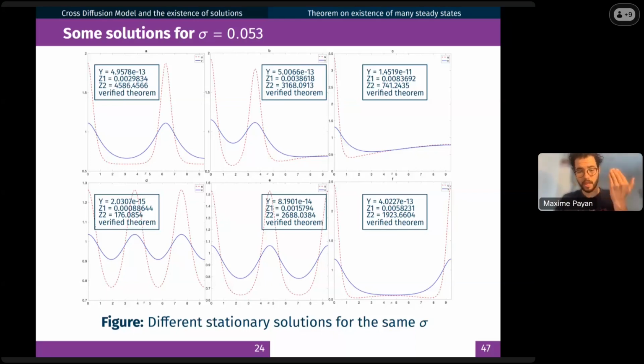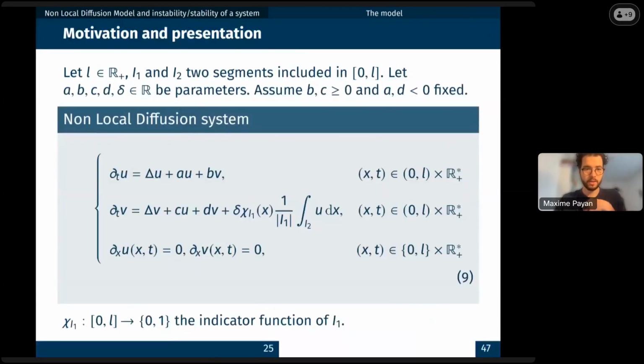So we will ask this question to a simpler system, this non-local diffusion system. This is a question that some colleagues asked us to analyze.